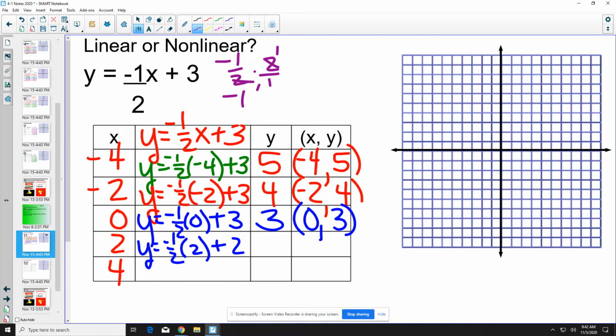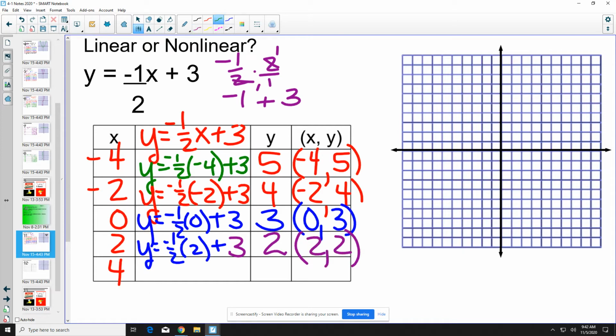But remember, I wrote that wrong right here. It should be a plus 3 at the end because my equation has a plus 3. So what I'm doing is taking -1 and adding 3. Are -1 and 3 the same or different? They're different. Do I add or do I subtract? Subtract. 3 take away 1 is 2. It should be a positive 2. So my next point is 2, 2.